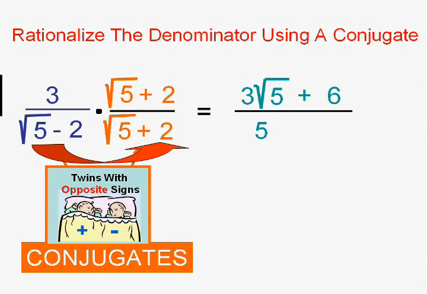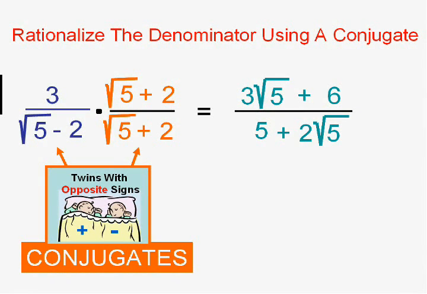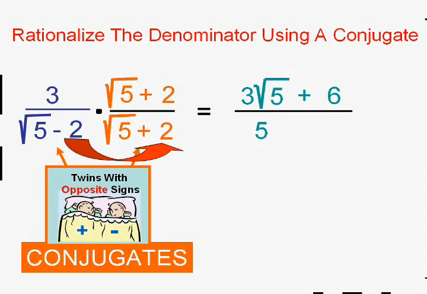And then I get radical 5 times 2, and that doesn't look good, except that recall that we're using a conjugate. We're done with this first term, and now we're going to do the opposite. And the minus 2 radical 5, that's where we're going to get rid of the radicals. Pretty good, huh? Has to be a conjugate. And then minus 2 times 2 is minus 4, and we have another clean number.